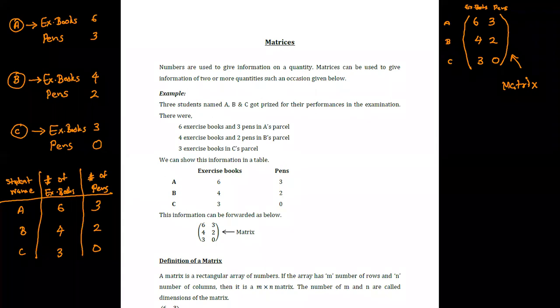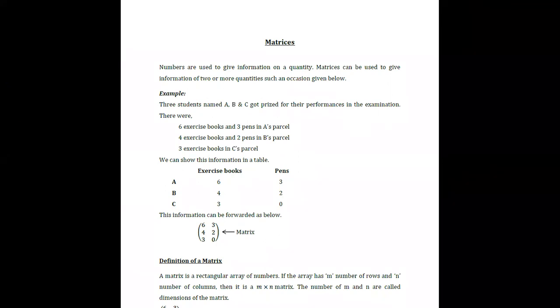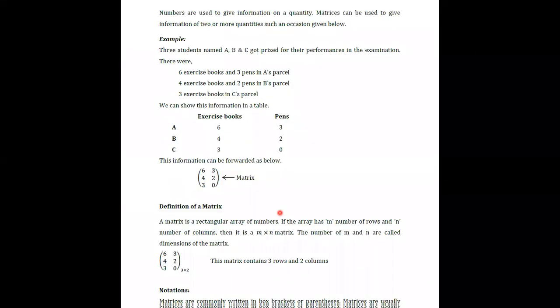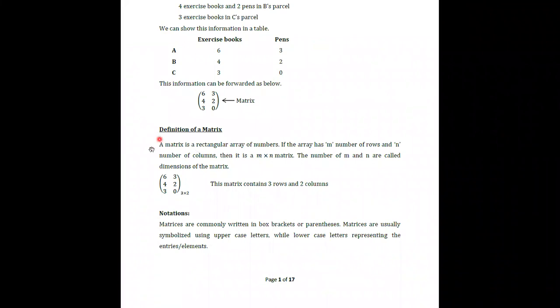Now we will look at the definition of a matrix. A matrix is a rectangular array of numbers. If the array has m number of rows and n number of columns, then it is said to be an m by n matrix.